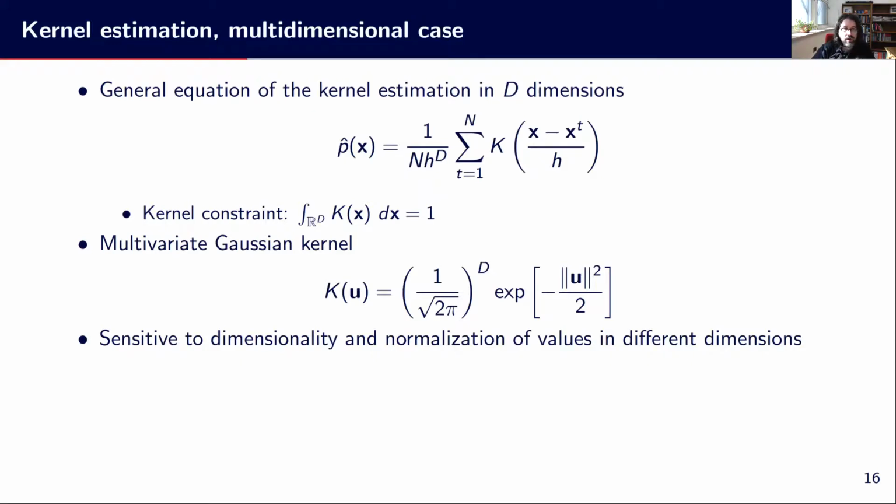Of course, we are sensitive to dimensionality. So in many dimensions, this is not super effective. The normalization of values in different dimensions is also important. We want the values in the X vector to be at similar scales, because we have, for example, the Euclidean distance here, L2 norm, to be precise.